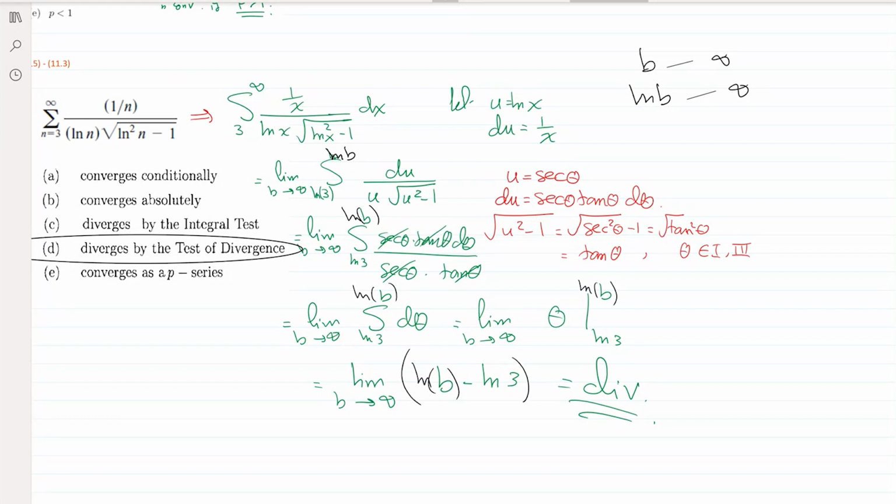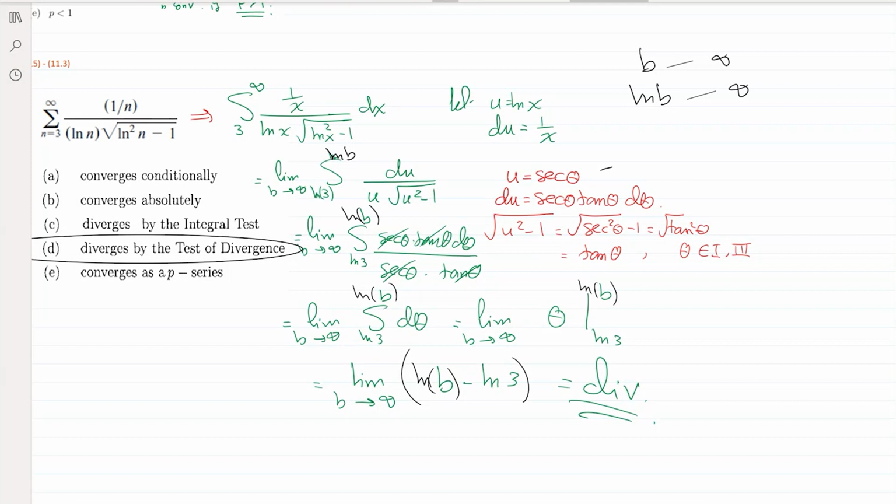I can say, for example, from u going to secant inverse, theta equals secant inverse of u. It will be the integral of theta. Even if you change it, it will be from theta equal ln 3.